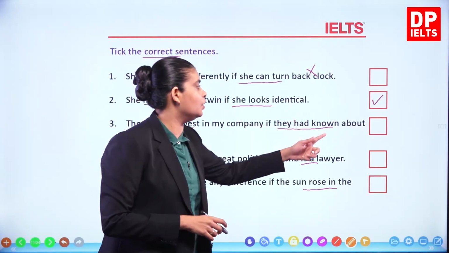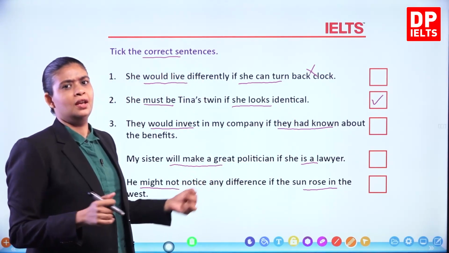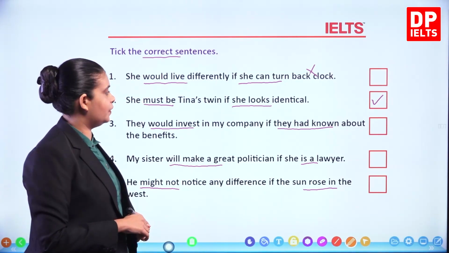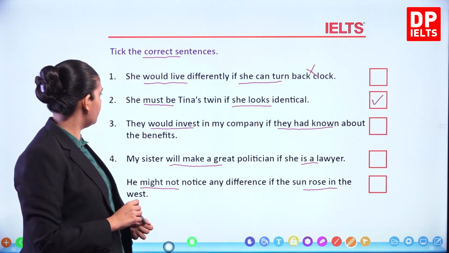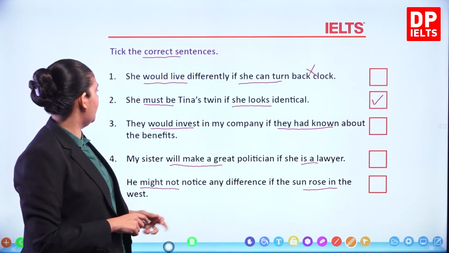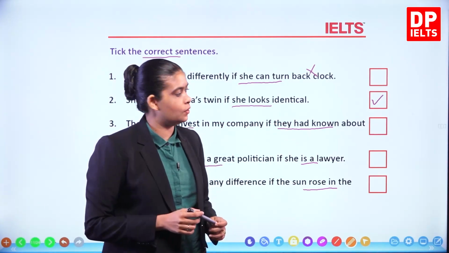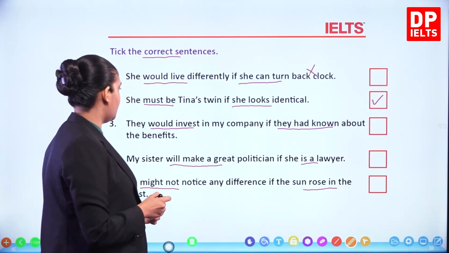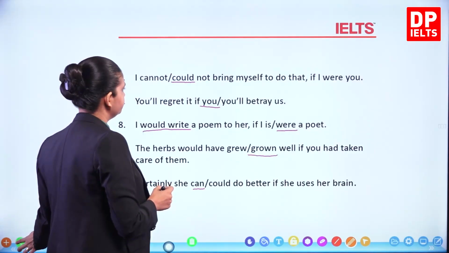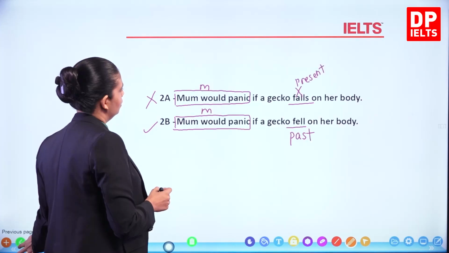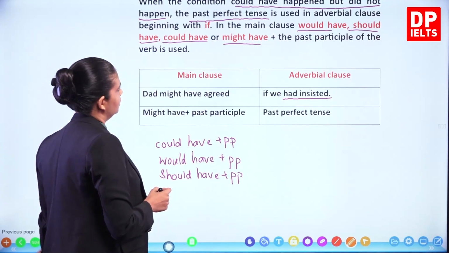So "if they had known about it" does not fit in. Therefore, it is wrong, right? And they would invest in my company if they had known about it. So if they had known about it means which one? This one here.